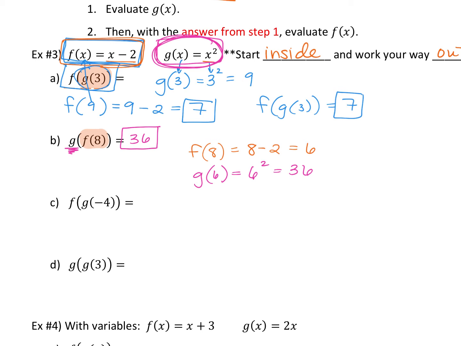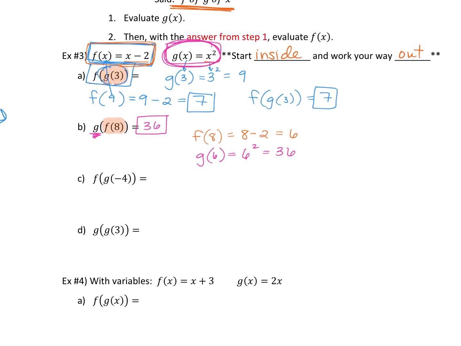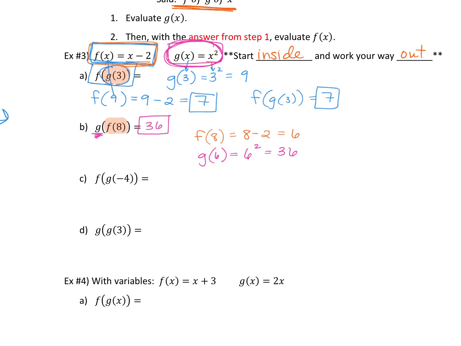Okay, you try letter C. F of g of negative 4. See what you get. I'm going to copy these down over here.